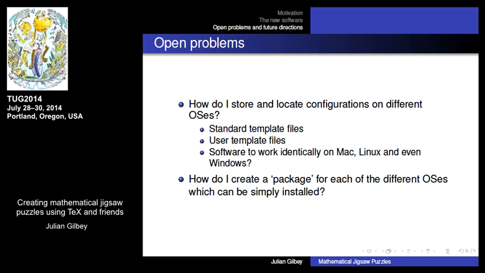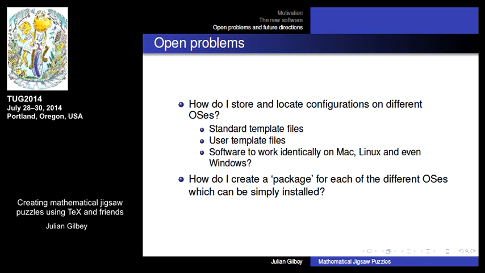Okay, now here's where I'm stuck and why it's alpha. I have no idea how to answer this question. This is not a Python module. This is a piece of Python. It's a Python script with a bunch of template files. I do want users to be able to create their own templates if they so wish, to have specialized templates. Where do I store them on the different operating systems?